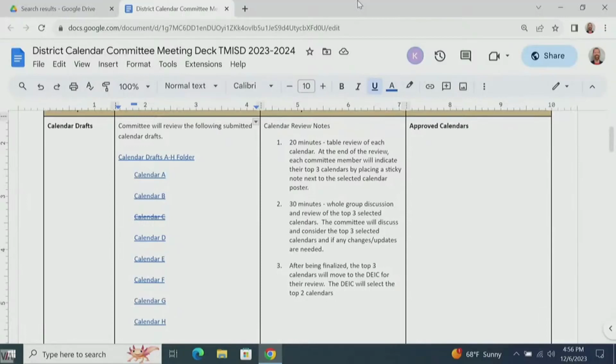So the kids start back in June, and the kids start on the 18th. And G had 1 extra day.